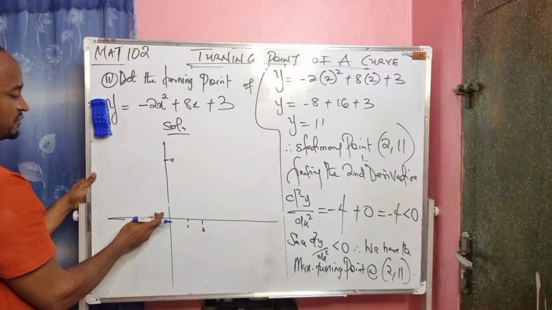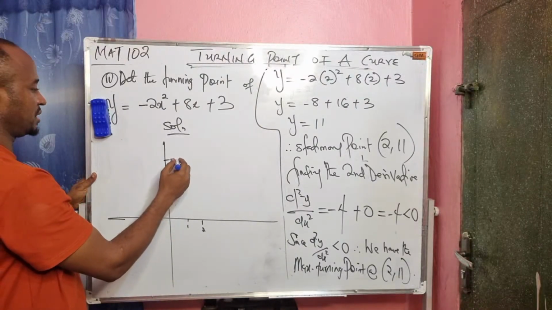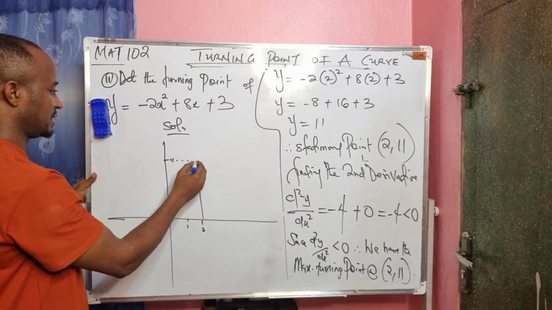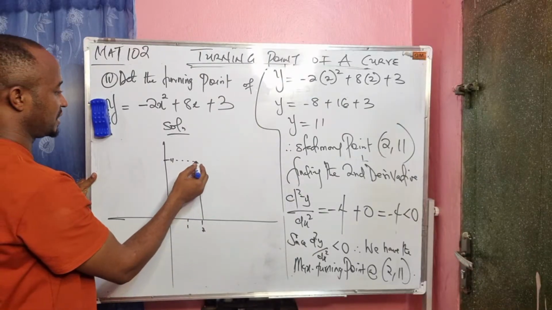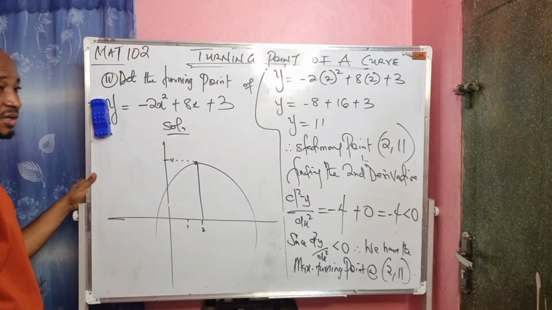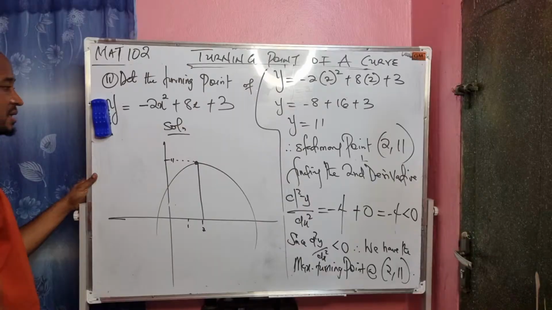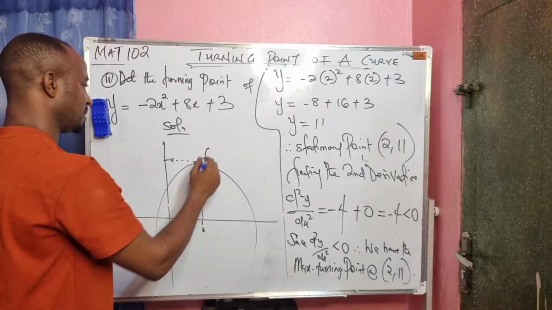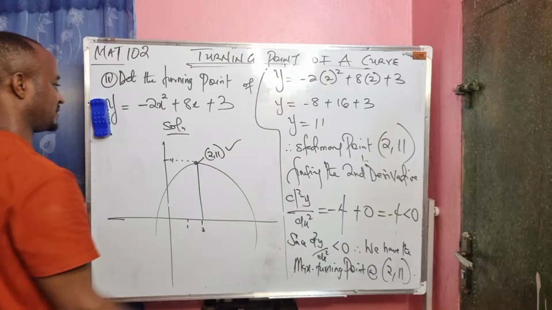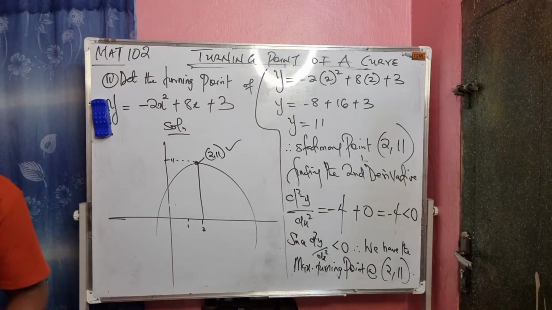The point where they meet is somewhere here. So the nature of this graph is of this kind. Do you understand the concept now? So this point is called the maximum point, and the value is (2, 11). This is how to sketch the graph. All right, let's proceed.